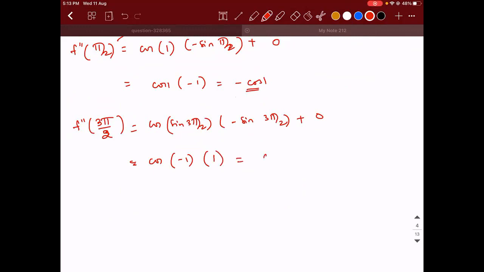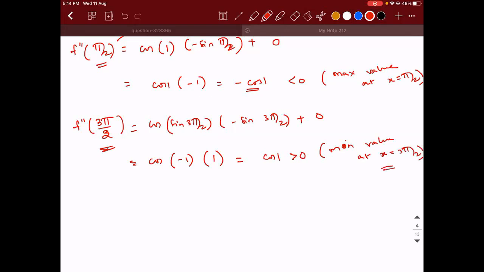So cos of minus 1 is still cos 1 because cos of minus theta is cos theta. So the value at pi by 2 is less than 0, which will give you the maximum value at x equal to pi by 2. And this is greater than 0, so at 3 pi by 2 you will get the minimum value at x equal to 3 pi by 2.